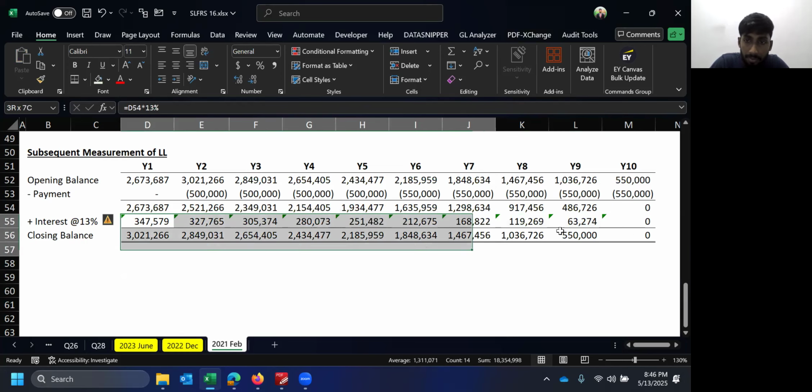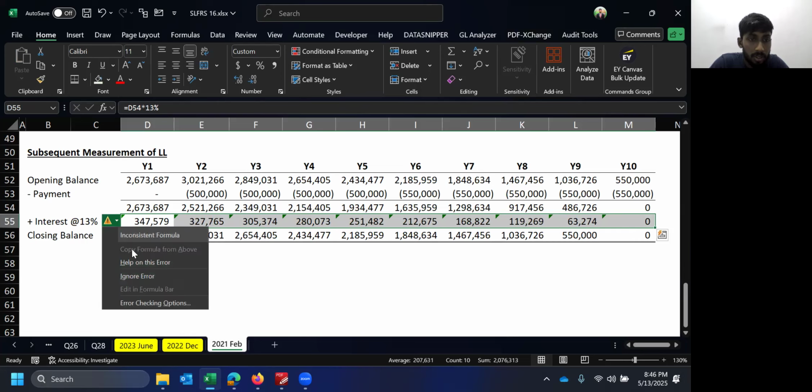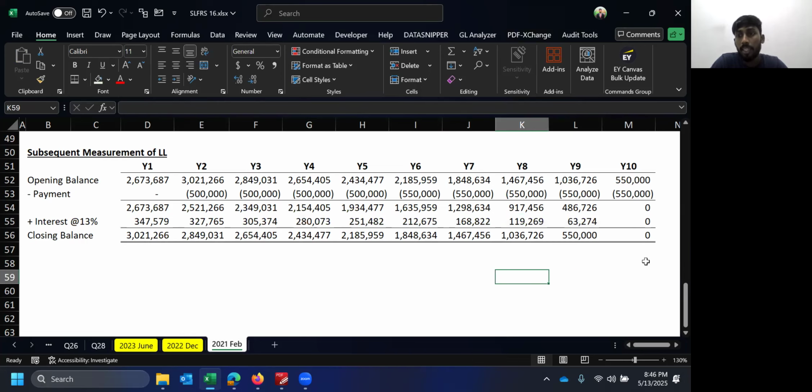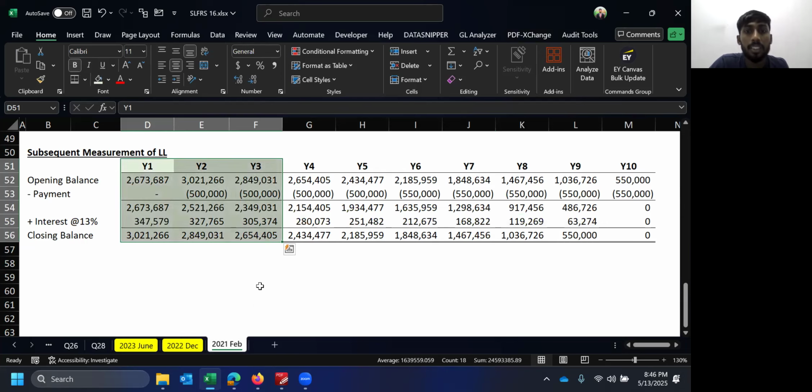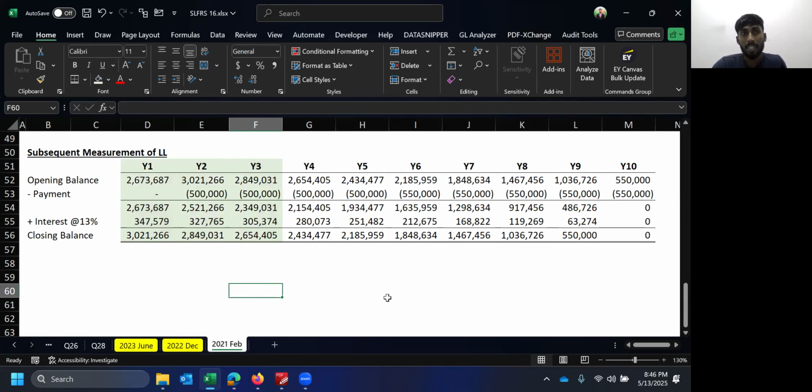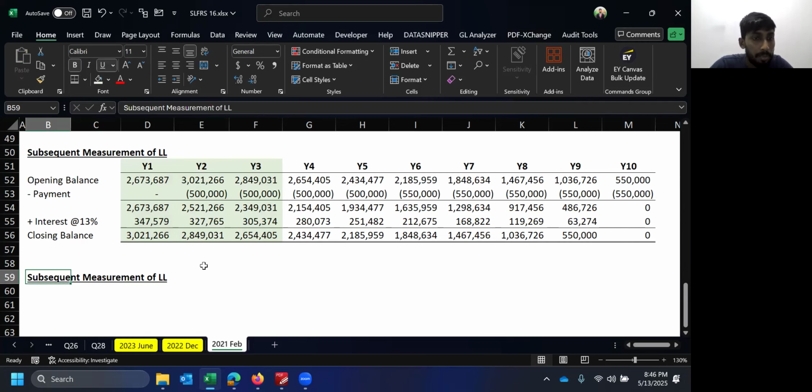Once I add interest to all, the balances would be zero. This is the subsequent measurement for 10 years. But keep in mind, calculating it for the first 3 years will be sufficient to answer this question. Okay, why is the modification happening in year 3? Clear?